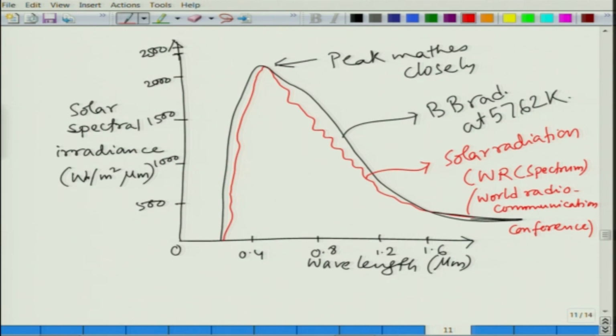Okay. So, this is the difference, and also we will see that this particular solar radiation is not what we get on the crust of the earth. This is what we get beyond the atmosphere. From the sun towards the atmosphere, up to the end of the atmosphere, the radiation quality does not change.